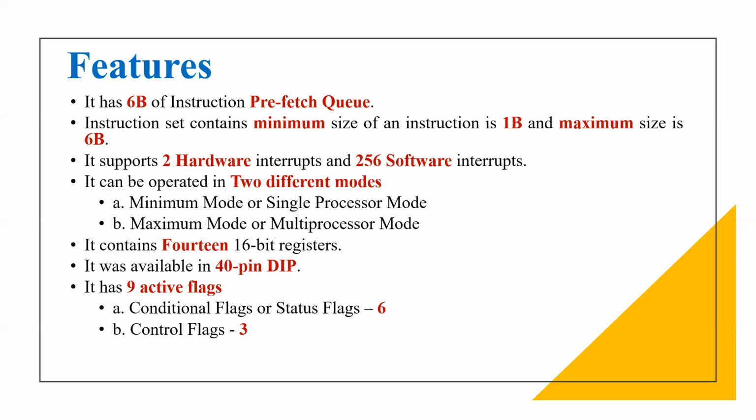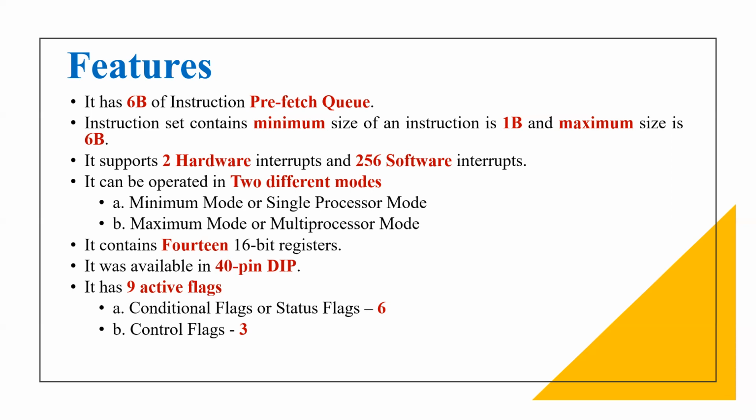The meaning of 2 here is that the hardware interrupts are received by the processor with the help of 2 signals. One signal is called INTR, interrupt request, and another signal is the non-maskable interrupt signal, NMI. By using these 2 signals, our processor can receive interrupts from external I/O devices.